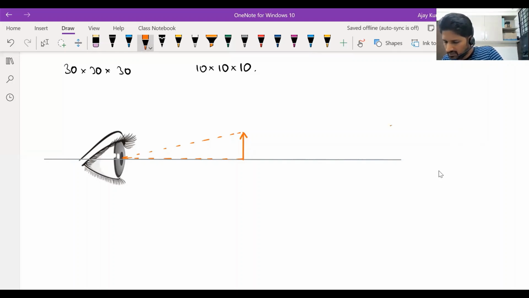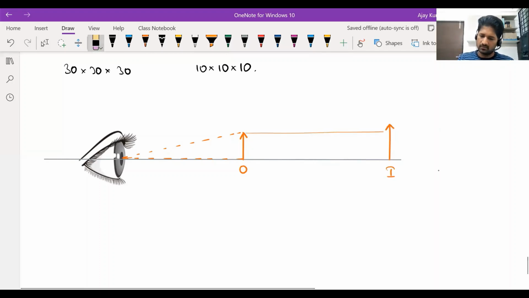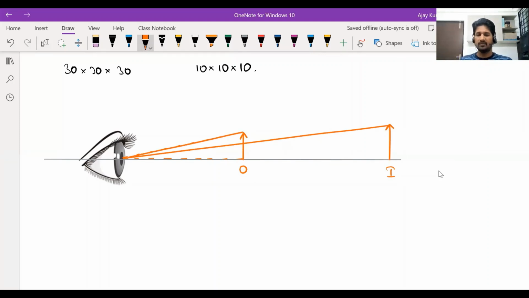Now you are looking at it on your screen perpendicular to the scene, so you know which is bigger, which is smaller. Let's say this is the object, this is the image. Image is bigger than the object. It's a magnified image. It's clearly bigger. But if you look at the angle it subtends on the eye, it subtends a smaller angle than the object itself. Object is subtending a bigger angle. So if you see both of them, the object will appear bigger to you.